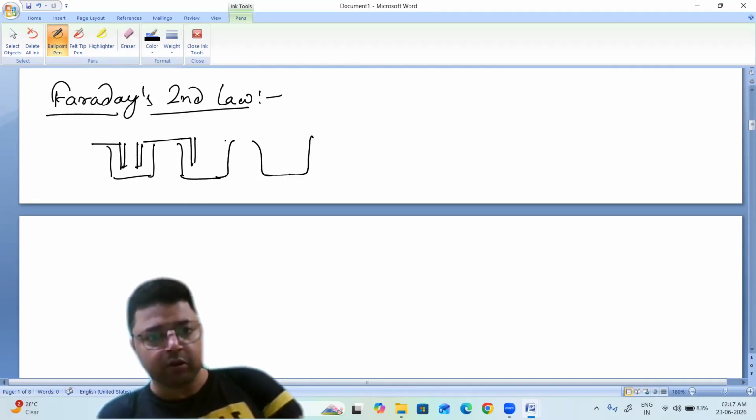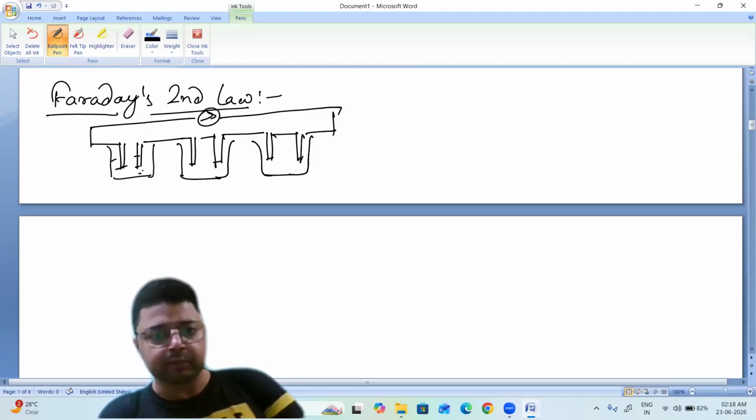That means the amount of charge passing through these cells is the same.